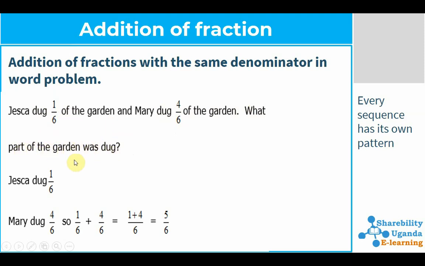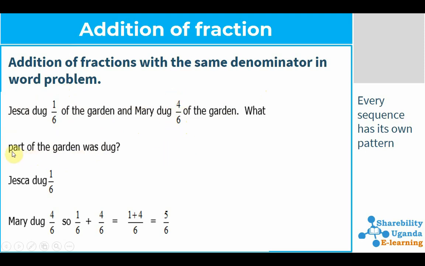This comes now to our statement. They are giving you these things in a statement, and they want you to understand that Jessica dug 1 out of 6, and Mary dug 4 out of 6. So what part of the garden was dug? They want you to get the part that Jessica dug, and also the part that Mary dug.